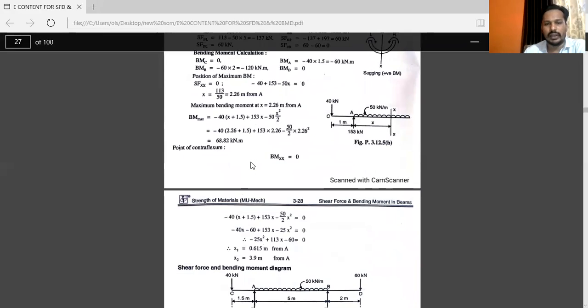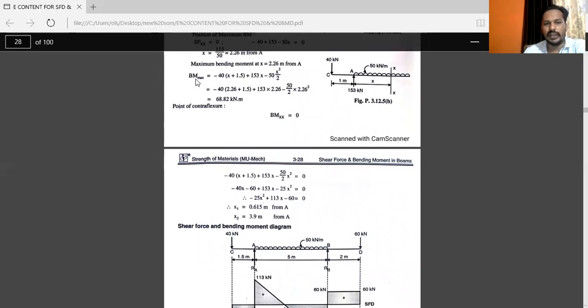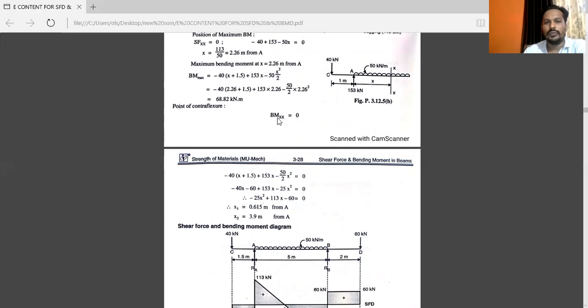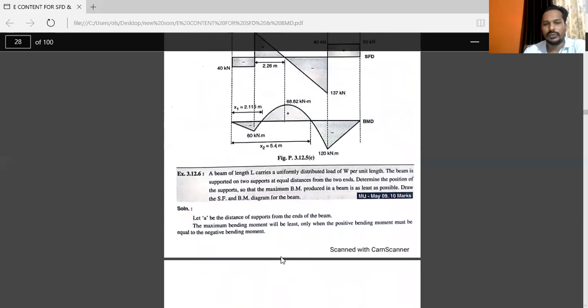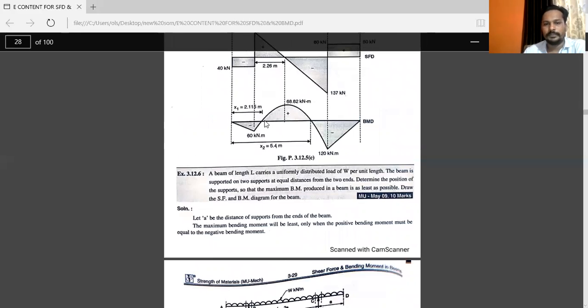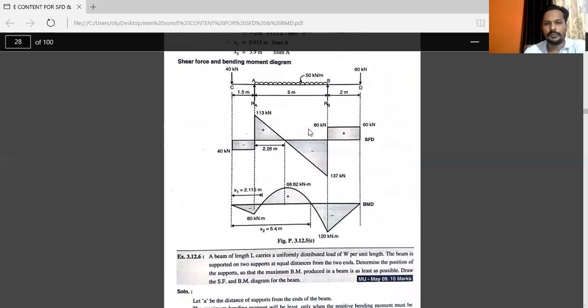And now we have the value of maximum bending moment. After that, point of contraflexure, where the bending moment is equal to 0, that point will be your point of contraflexure. So here we have this point and this point. These are the points of contraflexure.